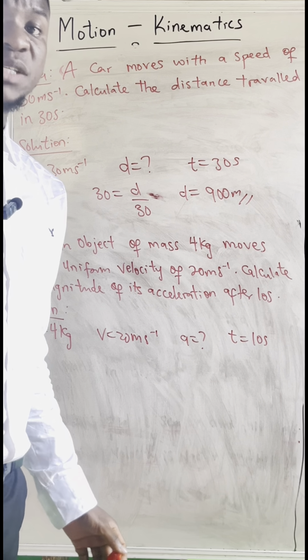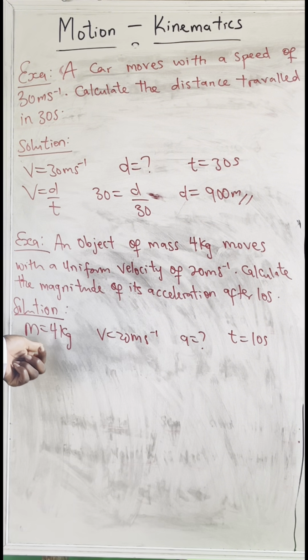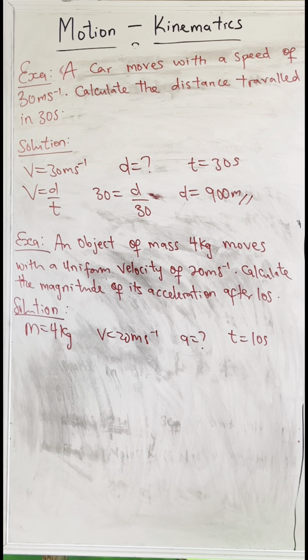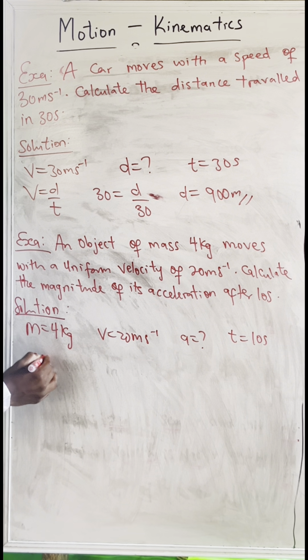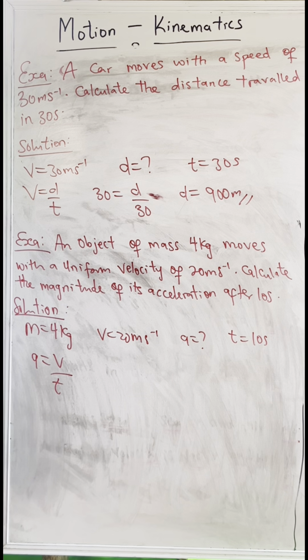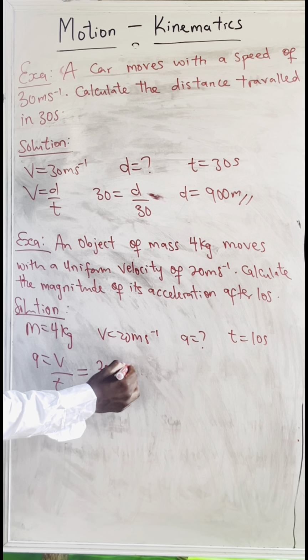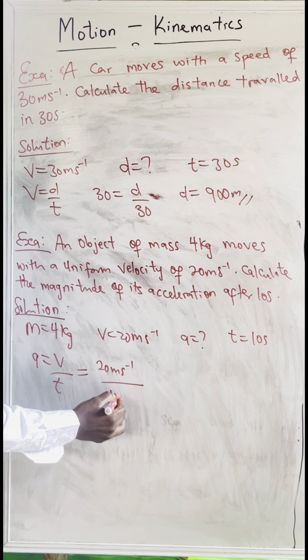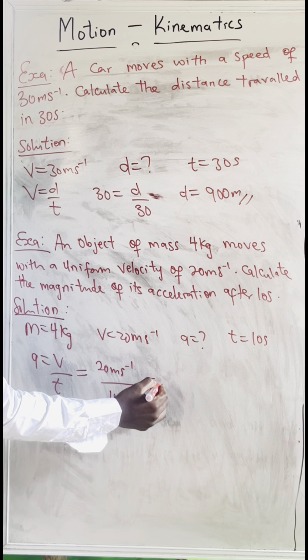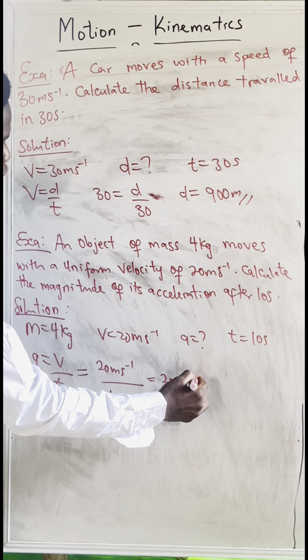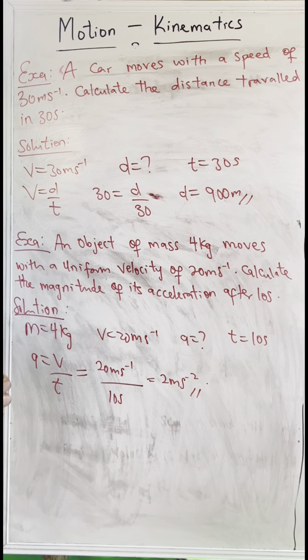Acceleration. Since we are looking for the acceleration, we don't need to consider this mass. So what we just do now is remember that acceleration is equal to velocity over time. Since our velocity is 20 meters per second and our time is 10 seconds, then the final answer for the acceleration will be what? 2 meters per second squared. So that is that about that, guys.